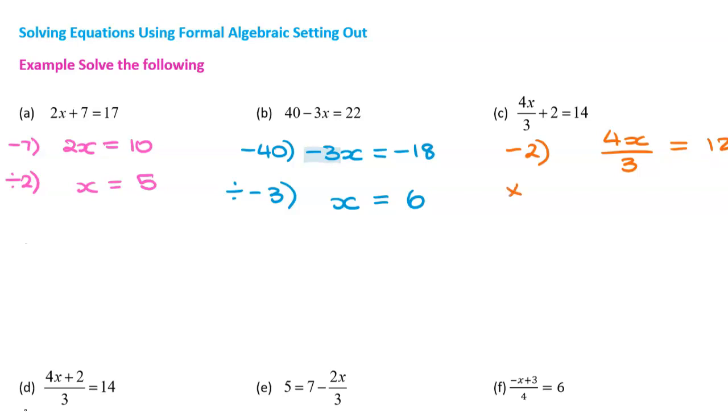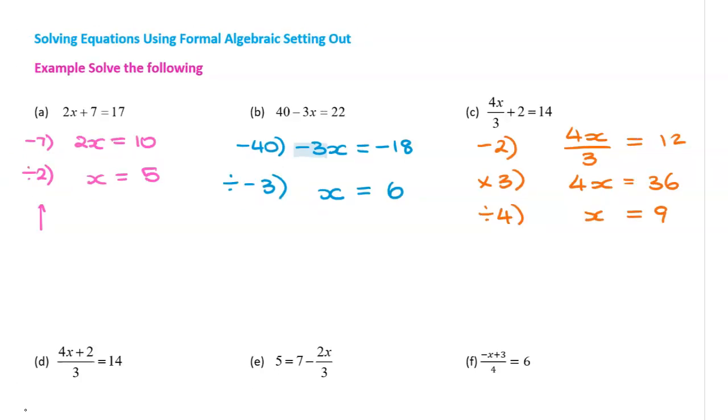Then I want to multiply by 3. So 4x is going to be 36, and then divide by 4. X will be 9. If you're interested, we can discuss some other ways you could solve that problem. So long as you do things carefully, you will get the same answer.